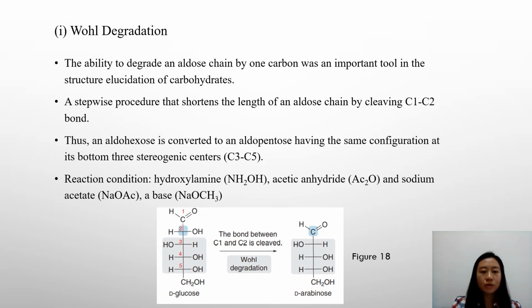The reaction conditions required are hydroxylamine, NH2OH, acetic anhydride, Ac2O, and sodium acetate, NaOAc, and a base, sodium methoxide. Figure 18 shows the general equations for the Wohl degradation, using D-glucose as an example.